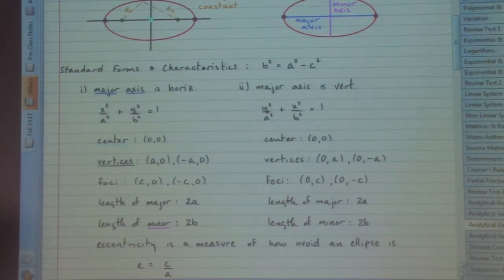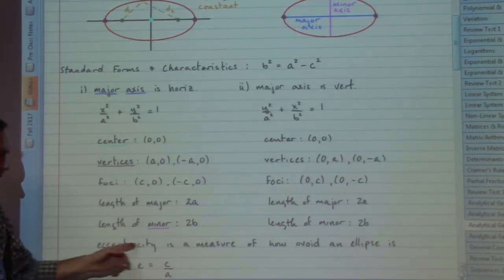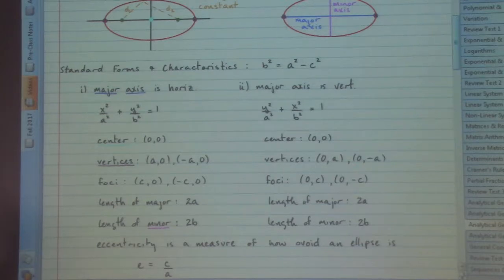The A shows up with our vertices, the C shows up with our foci, the A shows up with the length of our major axis, the B shows up with the length of the minor axis, and then both C and A show up with this thing that we're referring to as the eccentricity. So there should be some sort of relationship here that we can establish, and there is.